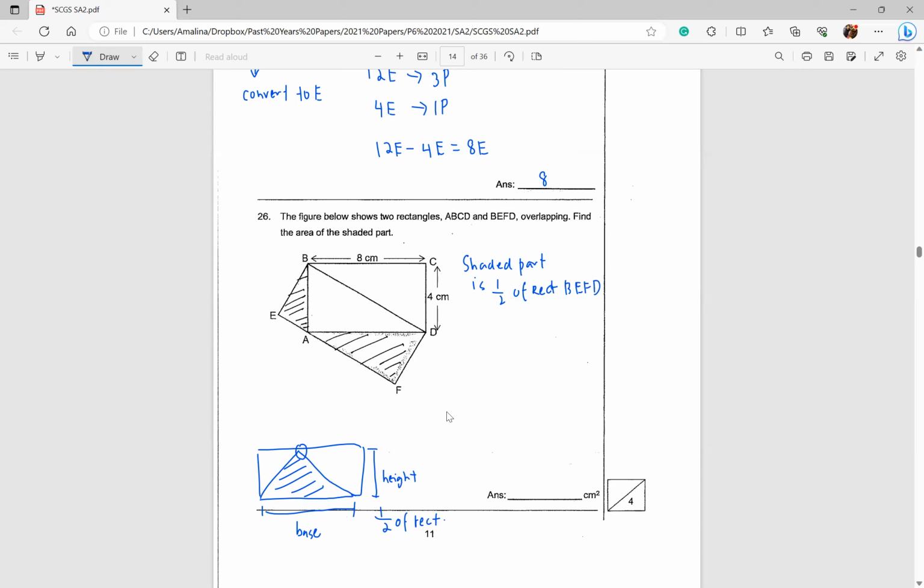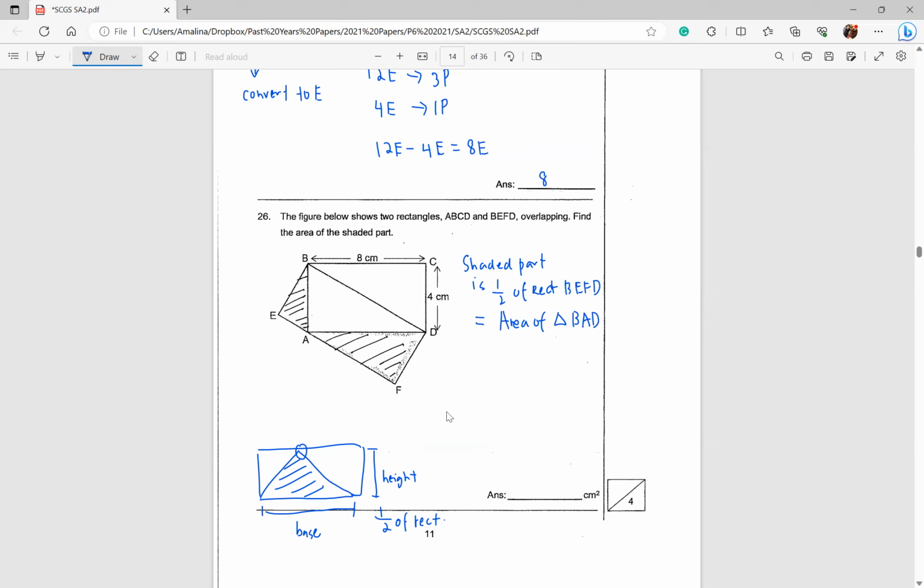So how do you find the area of BAD? Shaded part is half of rectangle BEFD and is equal to my area of triangle BAD.